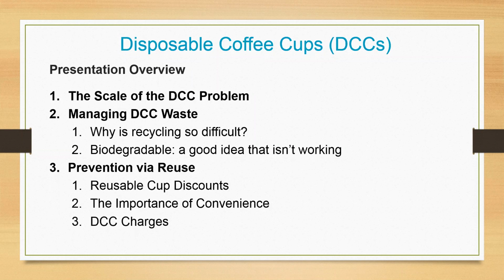And then I'll conclude by reviewing some of the options around prevention via reuse, as in reusable cups. And then I'll be handing over to Professor Poortinga, who's going to talk a bit more about the study that he's conducted around the charges, which will be the final point I cover.